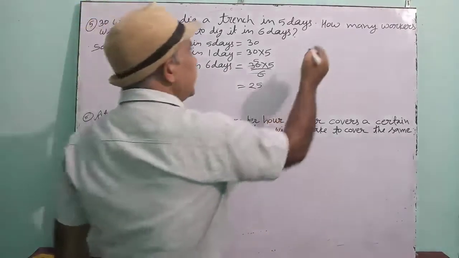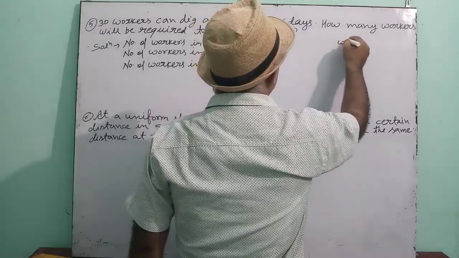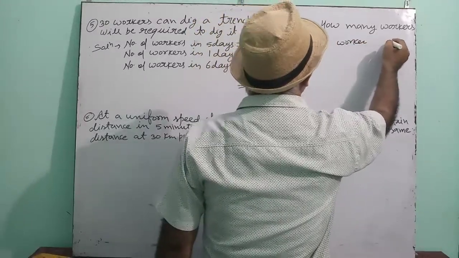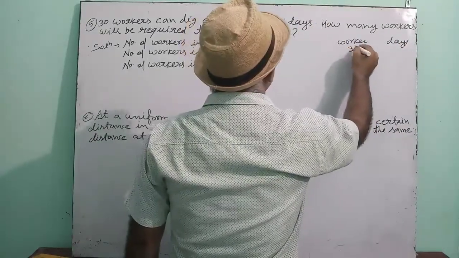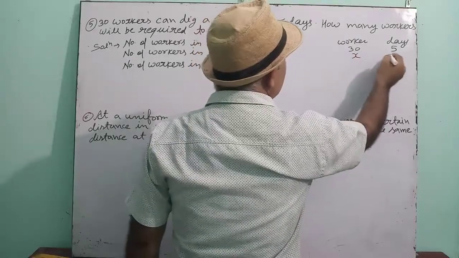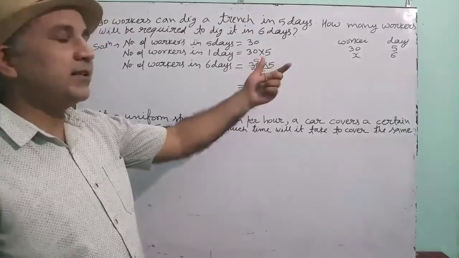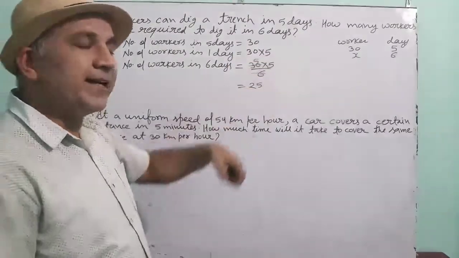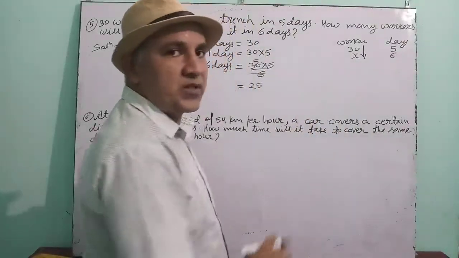What is the second method? See here, there are two things. One is the worker, second is the day. When 30 workers are there, then 5 days. Suppose X workers are required for 6 days. And how to find whether this is direct variation or indirect variation? Apply the arrow sign from your side.